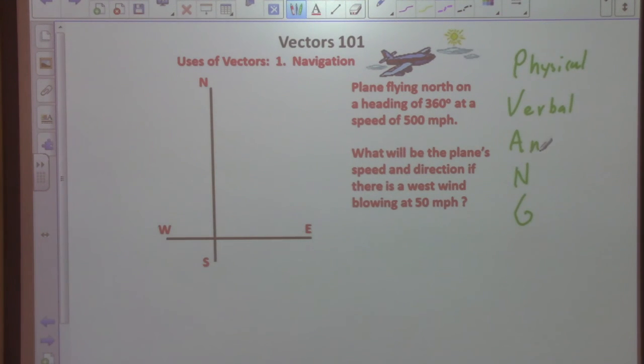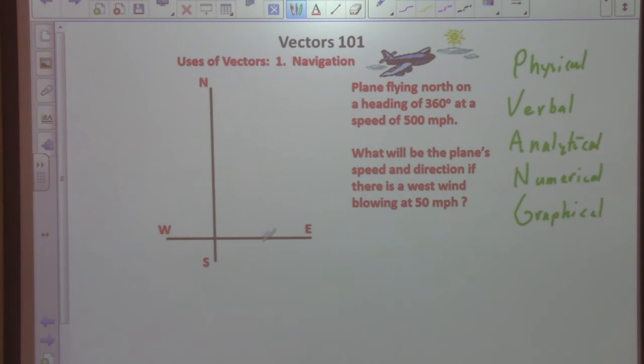And then you have the analytical, which has to do with the equation, kind of, right? And then you have numerical, and then graphical. If I could spell graphical, that would be helpful. So basically we have this physical, verbal, and we're going to try to make a representation out of this.